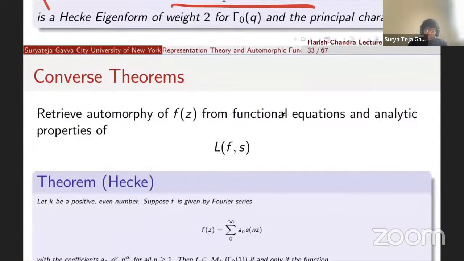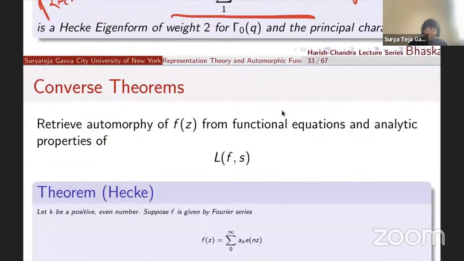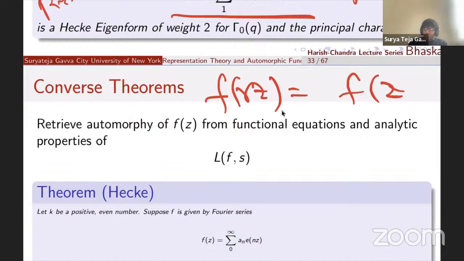Okay, so why are these useful? L functions are helpful because sometimes it's not easy to realize that some function is automorphic. How do you prove that all these relations are true? Instead of proving explicitly that it is automorphic, proving all these periodicity relations, we do it in a transform space.